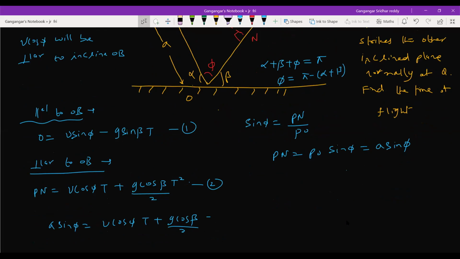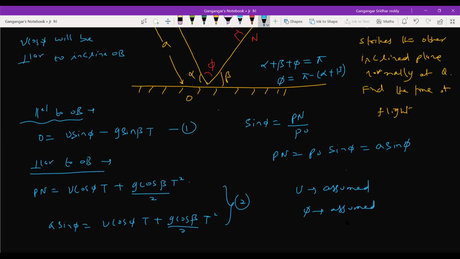Sir, from equation 1 only, can't we say the time of flight, sir? You don't know, no? It's an unknown thing, no? I'll write it. U is assumed. Phi is assumed. I should replace them, no? Sir, it is G sine beta T by 2, no, sir, in the first equation.